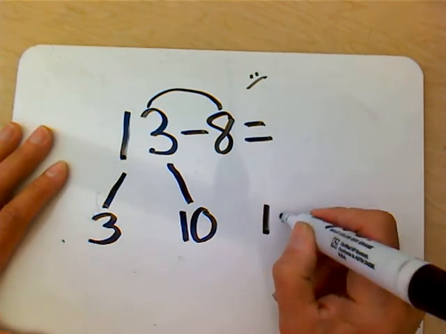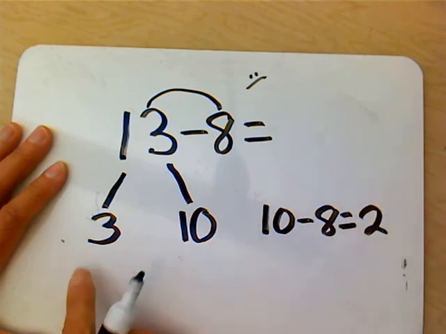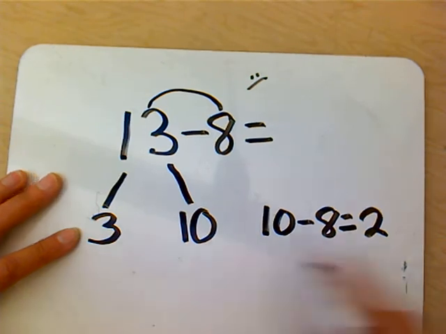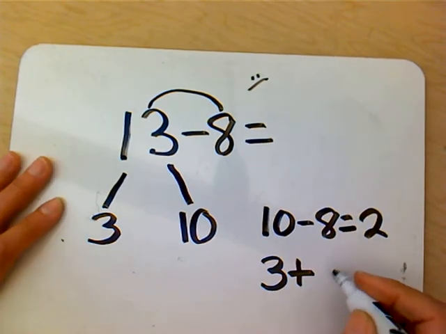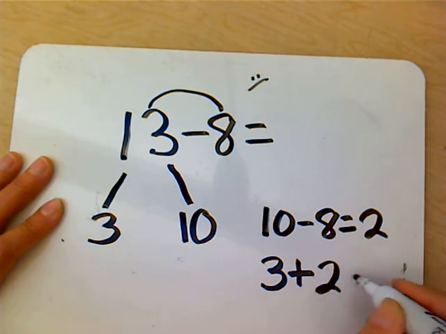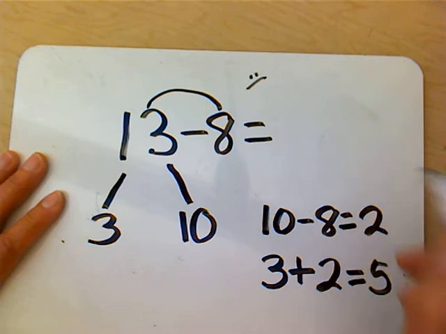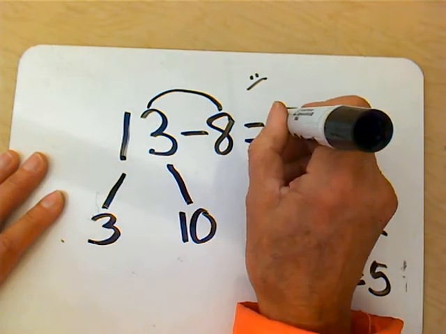Now the easy subtraction. 10 take away 8 gives me 2. And I need to think about what I have left from the 13 I haven't used yet. I have 3, and I'm going to add it to what I had as my difference for 10 take away 8, which is 2, which gives me 5. So 5 would tell me that 13 take away 8 is 5.